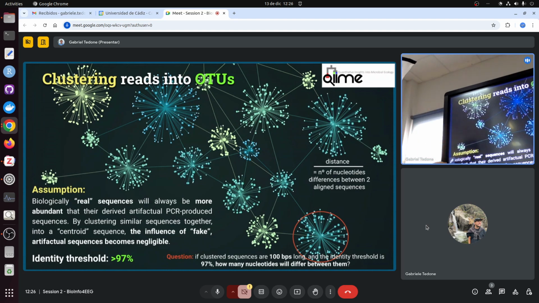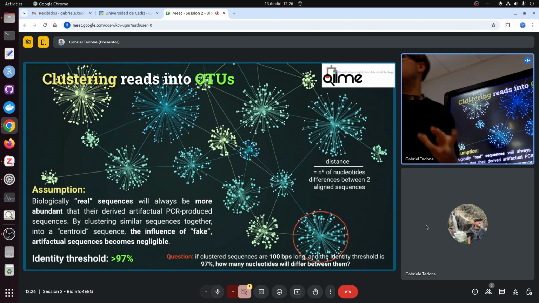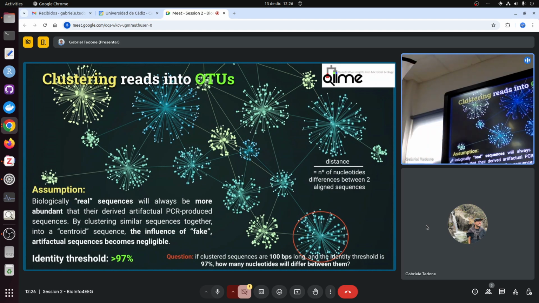So the assumption is the real sequences will always be more abundant than their derived artifactual PCR product sequences. And by clustering them together, we lower the effect of fake sequences. Okay? And normally, lately, the identity threshold to cluster sequences together is 97%, sometimes 98 or 99%.